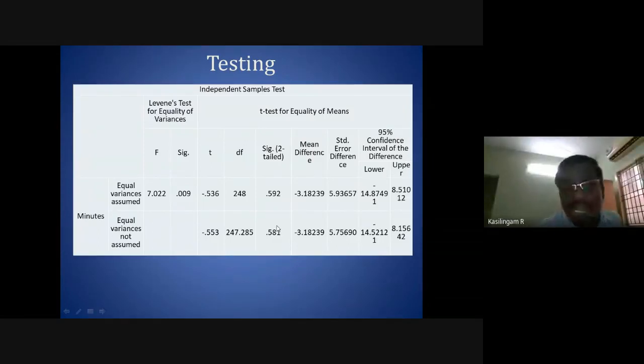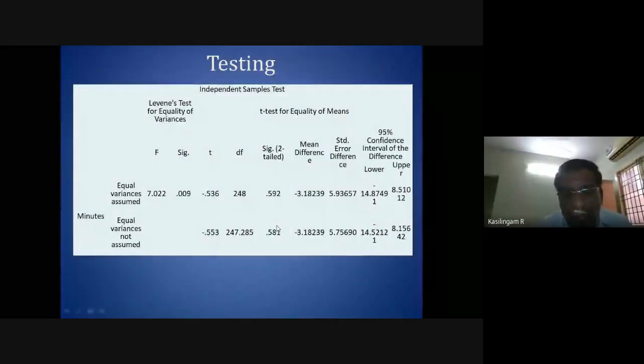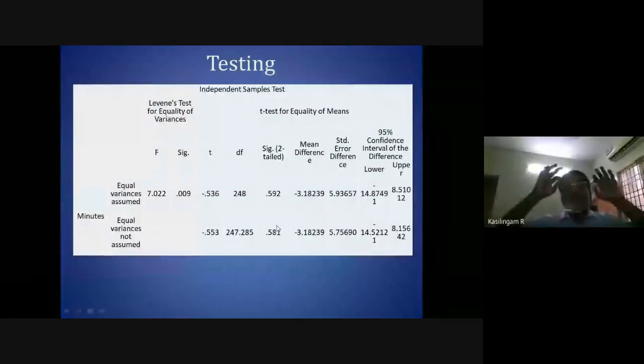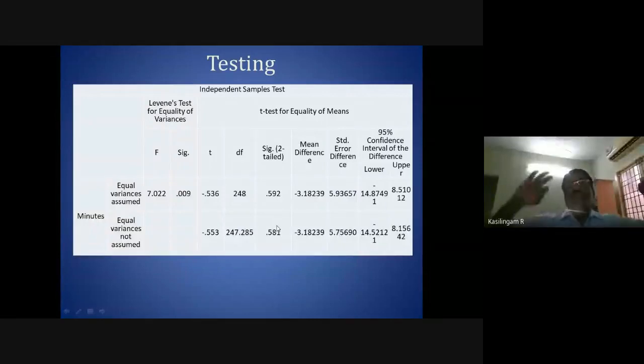What is the null hypothesis? There is no difference. So no difference is accepted. In this example, for average monthly minutes, there is no difference between boys and girls with respect to using the cell phone for talking.